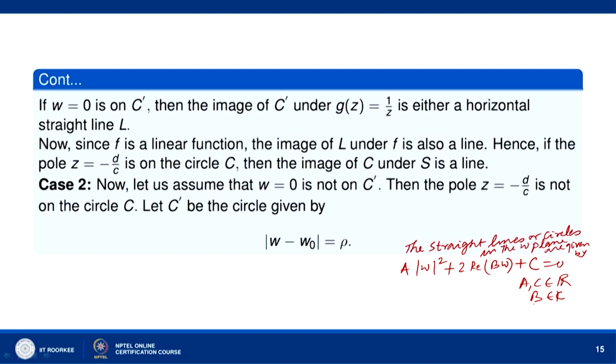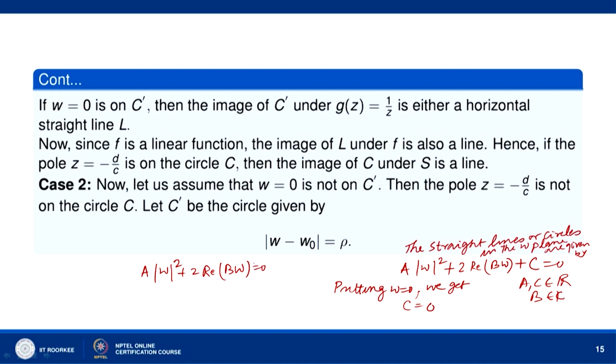So, if w equal to 0 lies on this circle, w equal to 0 lies on C dash, then what do we get here? Putting w equal to 0 we get C equal to 0. So, C equal to 0 means now the equation reduces to A times mod of w square plus 2 times real part of B w equal to 0.